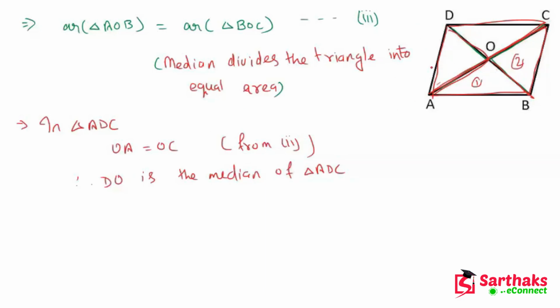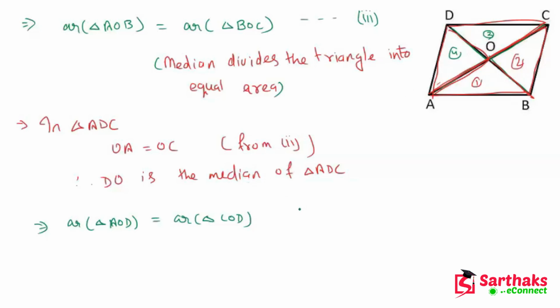So we can say DO is the median of triangle ADC. So again we can say that area of triangle AOD is equal to the area of triangle COD.